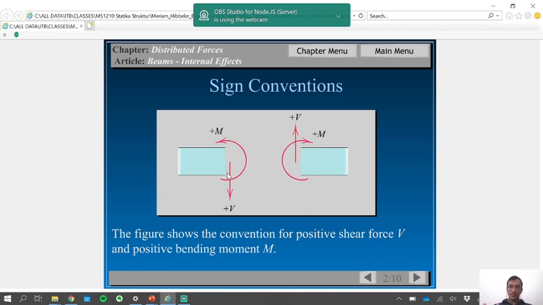Positive moment, whenever we analyze the right side of a particular cut, the moment will be counterclockwise, positive. The shear force will be going down, and the normal force is supposed to be going outwards. On the other hand, if we want to see the left side of a particular cut, the moment is supposed to be clockwise, positive, and the positive shear force is supposed to be going up, and the normal force is supposed to be going to the left because it's going outward.